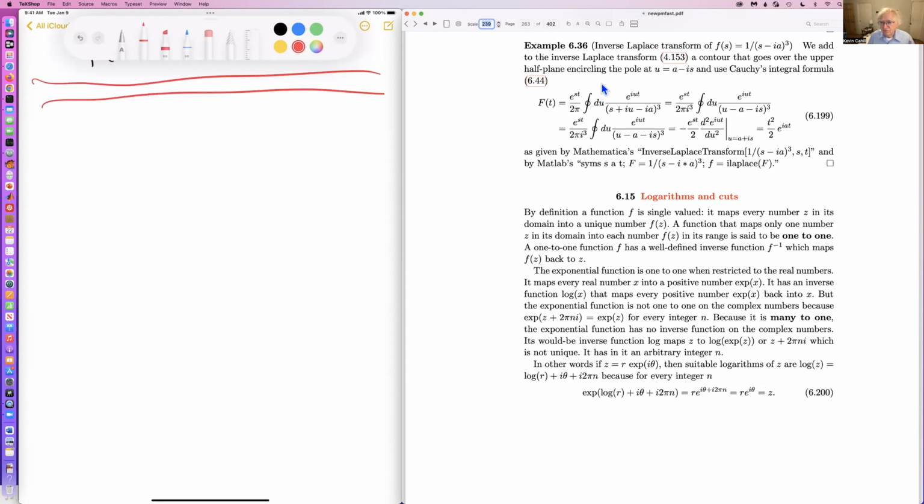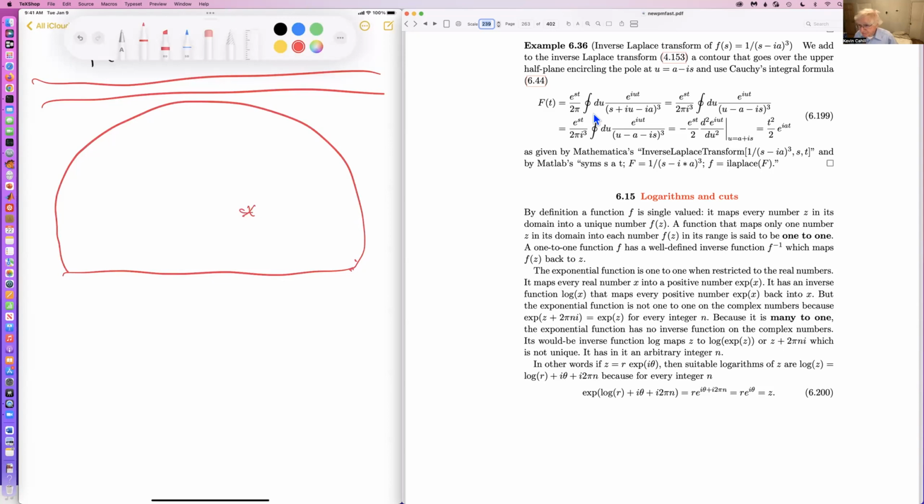an integral on the u plane. We're integrating real u, and we can then add a ghost contour like this, and we pick up the pole here, which is over here at a plus is.